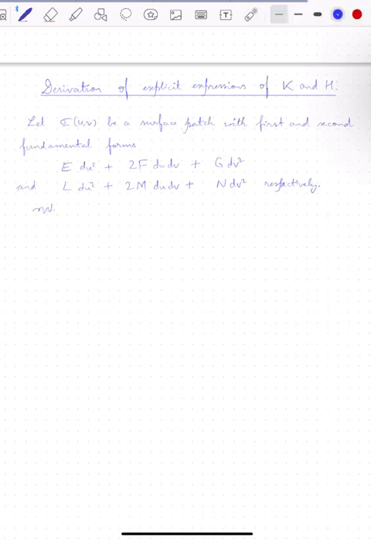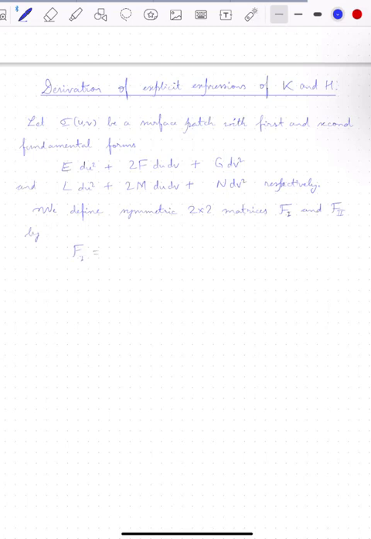So we define symmetric 2 cross 2 matrices F1 and F2 by, they will be just populated with these coefficients.